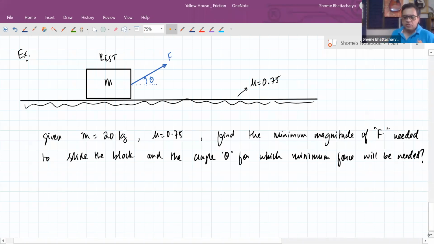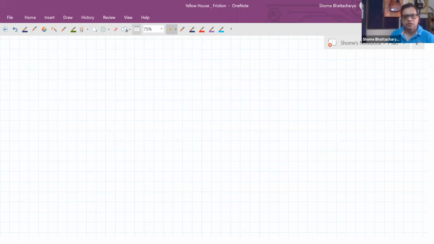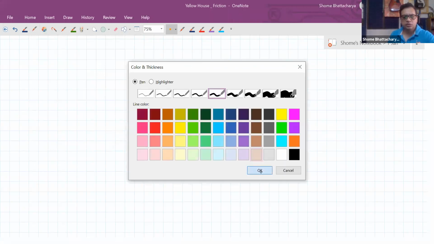Okay, so let us start this by understanding the free body diagram. So as I said, this is a little bit more complicated than the average situation where you are applying a horizontal force.